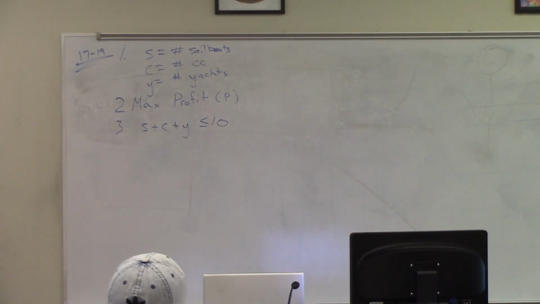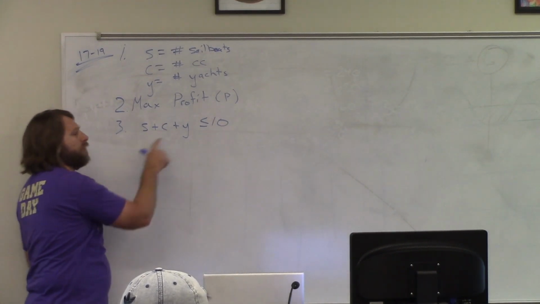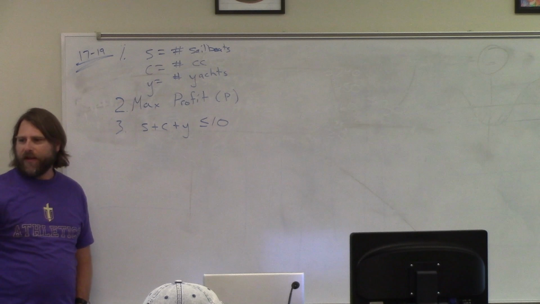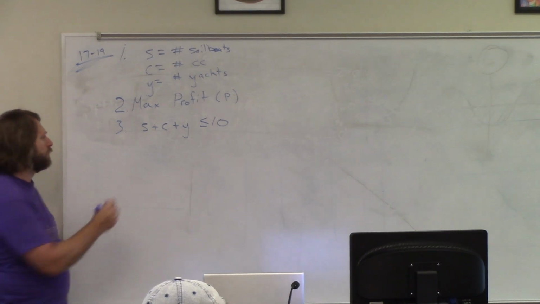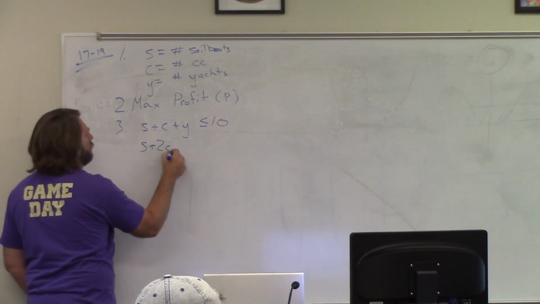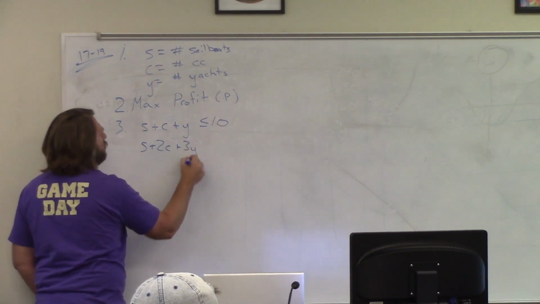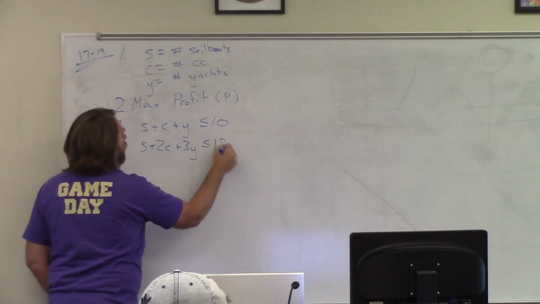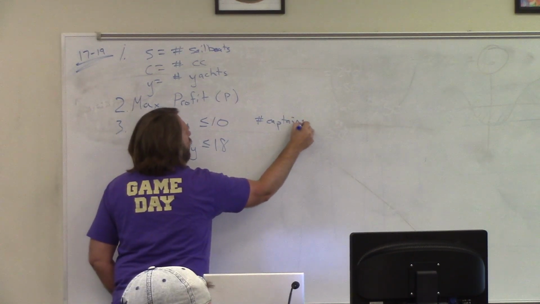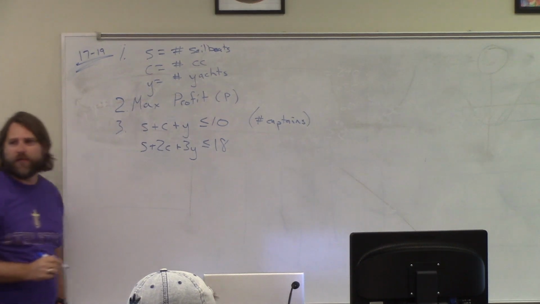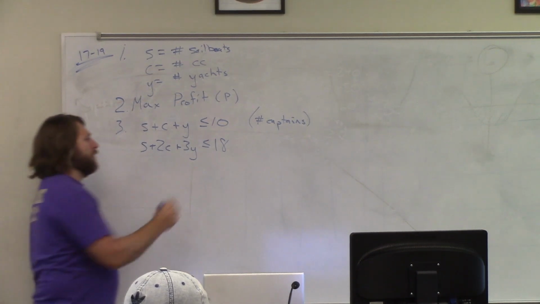Because we don't have to have 10 captains. But that's the maximum we can do. Up here, what's another constraint that you had? S plus 2C plus 3Y less than or equal to 18. Right, so this represents the number of captains. What did that constraint that you just gave me represent? The number of crew.